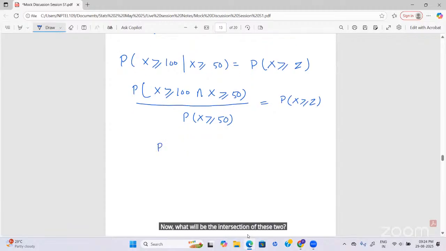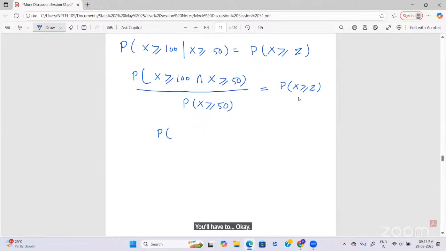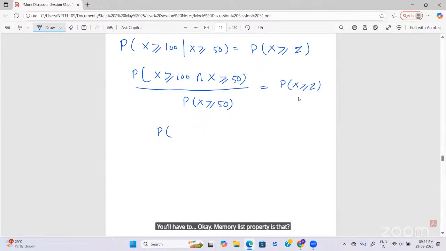Ma'am, can we use the memoryless property here? Yes, we can use it. It's good if you remember, it will save your time. The memoryless property is that the current trial does not depend on the previous one.